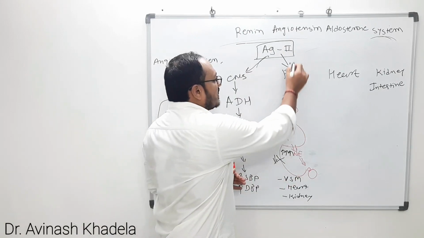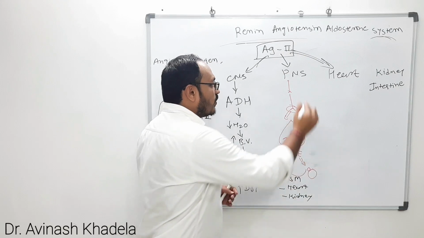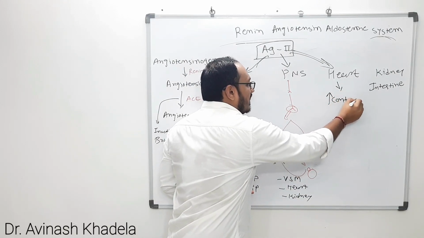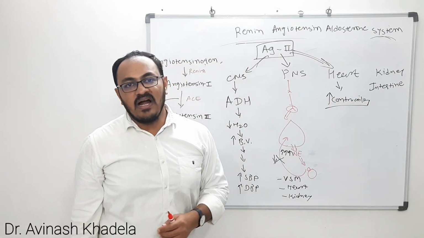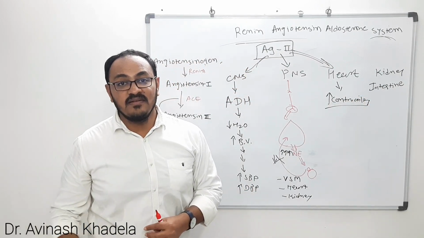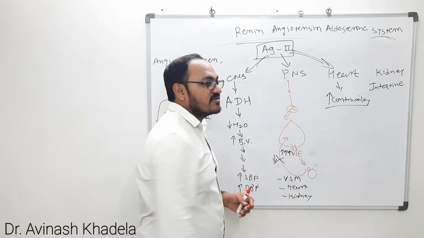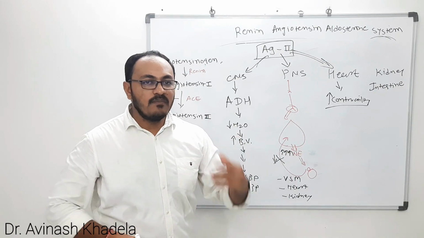Next, angiotensin 2 has a direct action in the heart. Angiotensin 2 in the heart will increase contractility. When contractility in the heart increases, it increases stroke volume, and as we discussed earlier, it increases cardiac output and blood pressure.